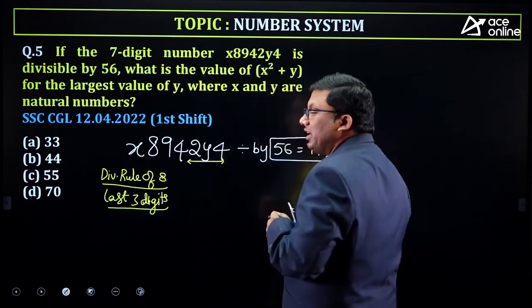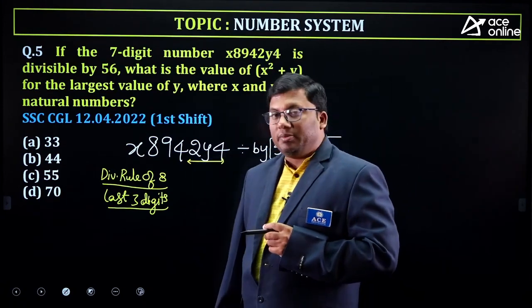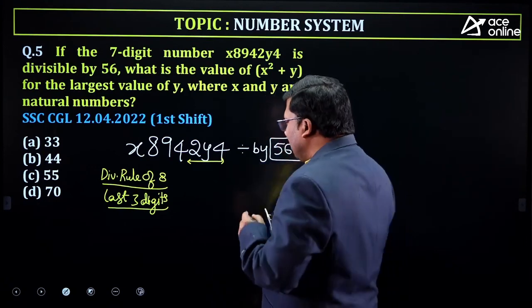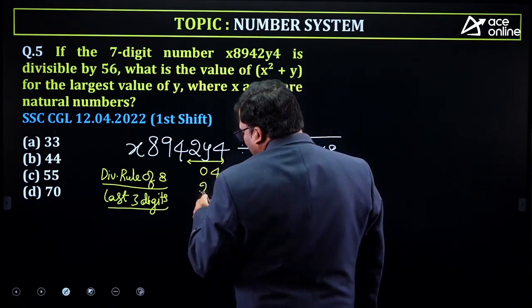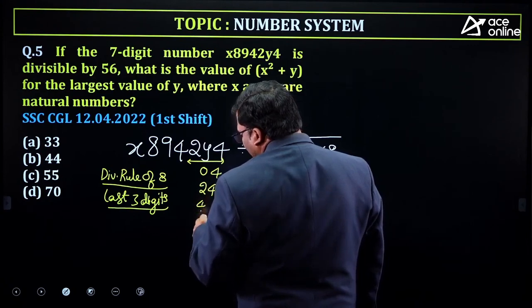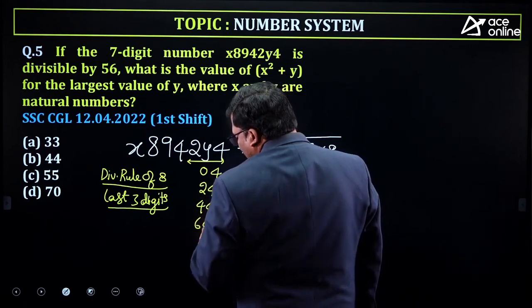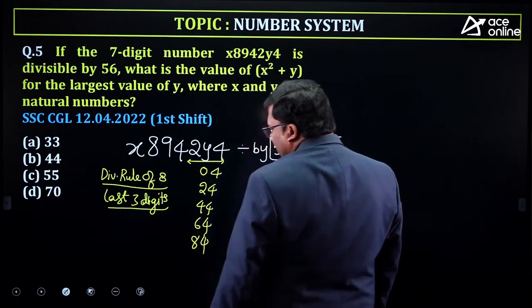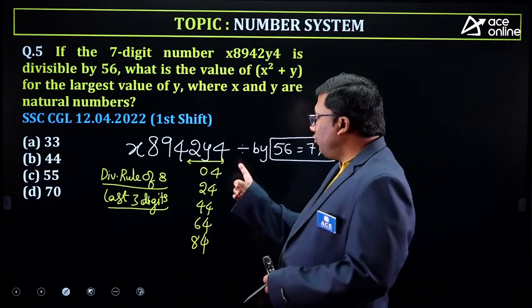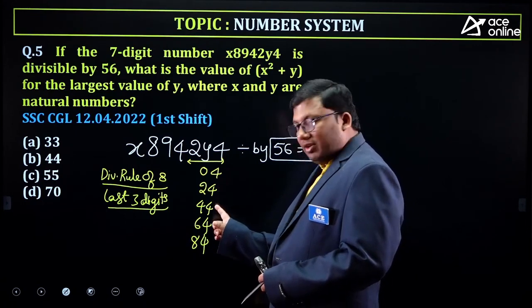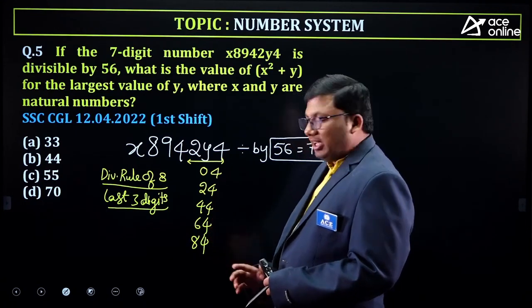For a number to be divisible by 8, first it should be divisible by 4. So divisible by 4 means, what are all the cases? 04, 24, 44, 64, 84. These numbers will make the last two digits divisible by 4.